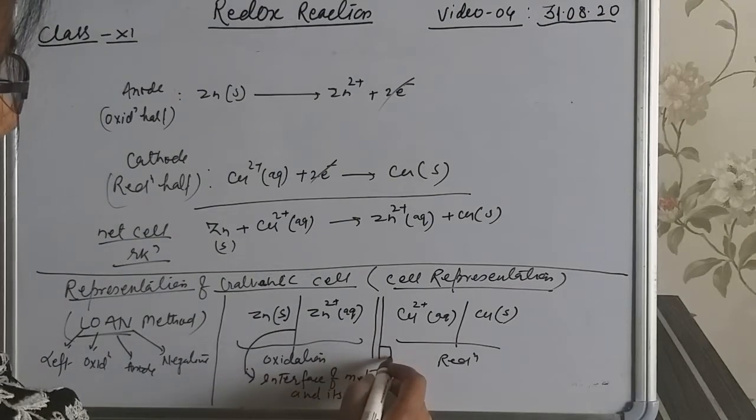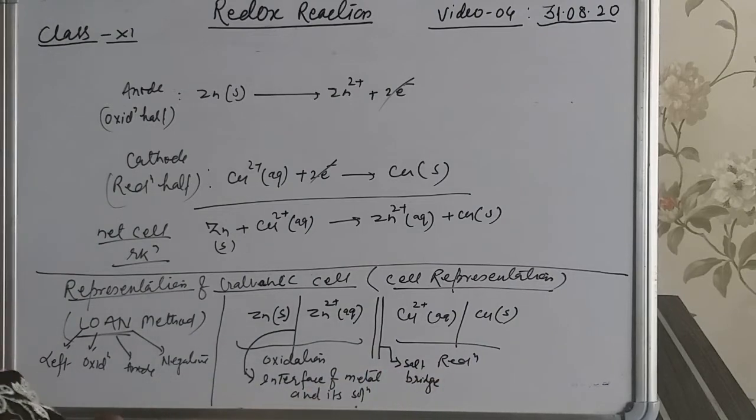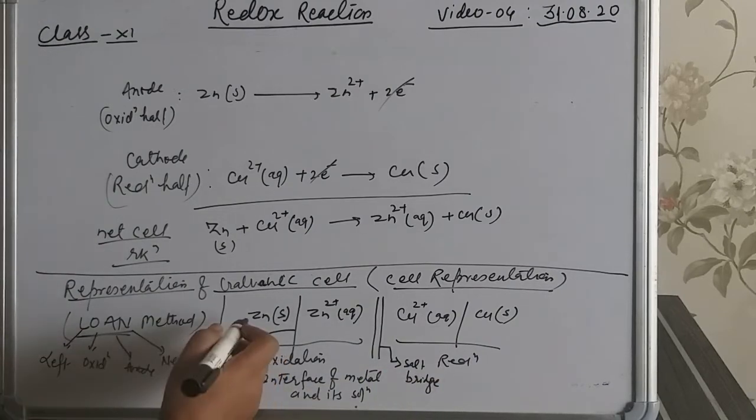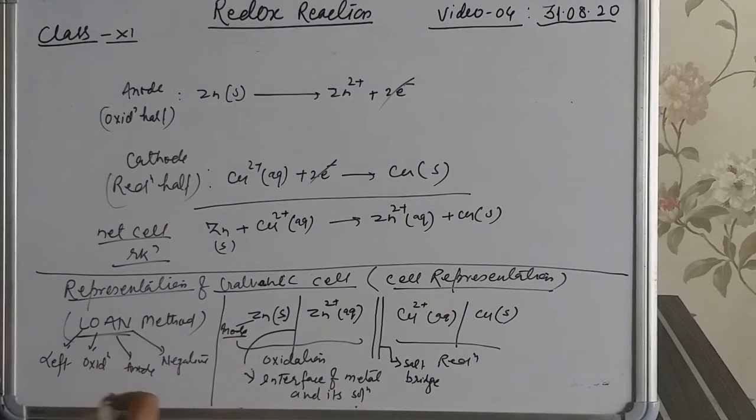What is this? This is the salt bridge. So in this way, as we know, zinc is the anode, the anode is negatively charged, and this is the cathode. So in this way you can represent the cell reaction.